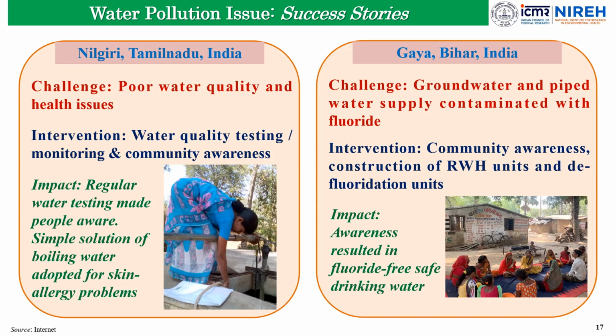After the installation of these units in their village households, they found that their water is now free from fluoride, and they could access fluoride-free, safe drinking water. So these are just stories at the community level of what they did. They did not take much intervention from the government side. They did it on their own. So this is how we can tackle pollution at our end.